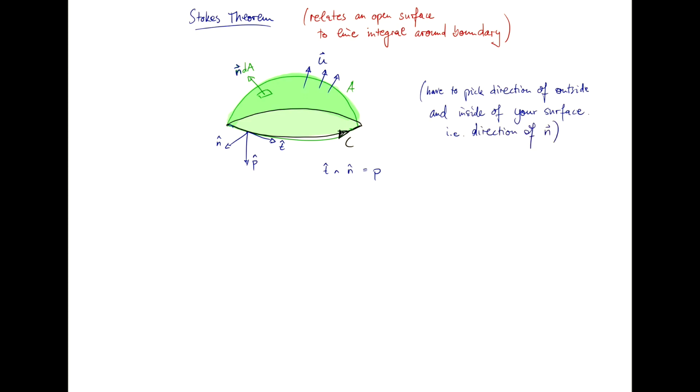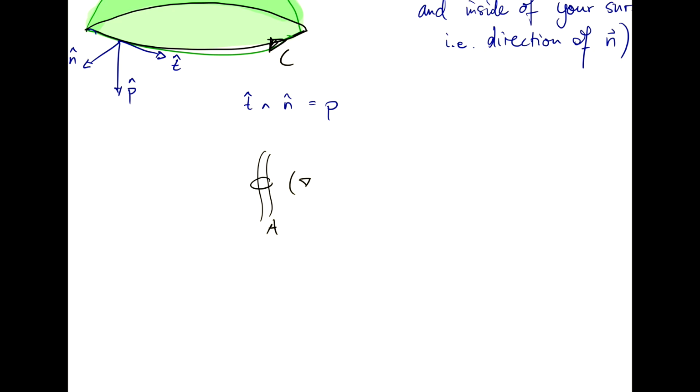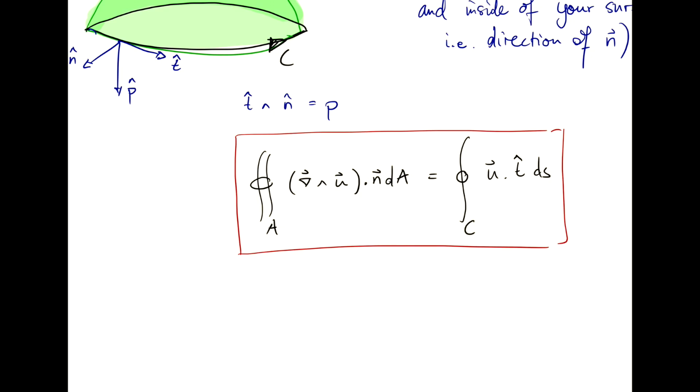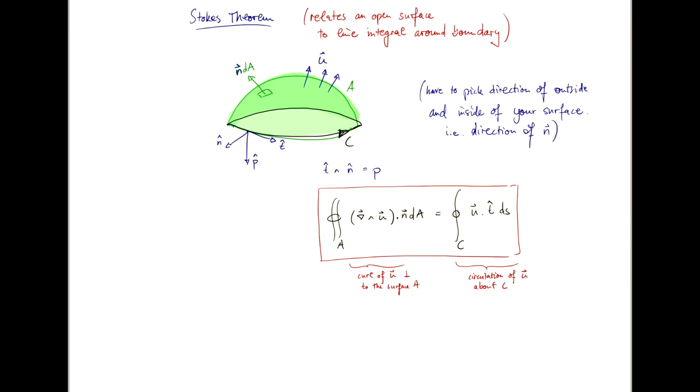So in this case, Stokes' theorem is written as the integral over the surface A of the curl of U is equal to the circulation of U along the boundary C. So the right-hand side here is the circulation of U about C, and this is the curl of U perpendicular to the surface A. So in words, the integral of curl of U perpendicular to A is equal to the component of U that is along the boundary of this same surface A, and that boundary we call C here.